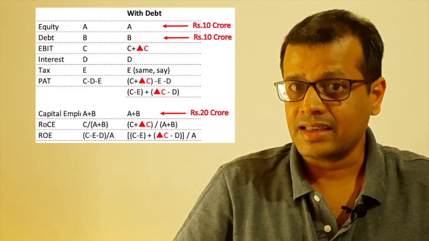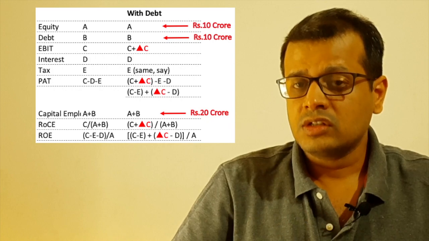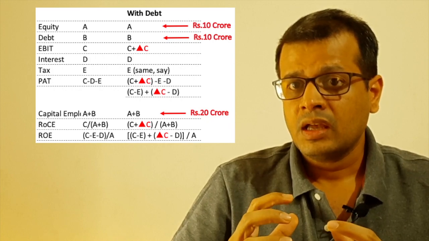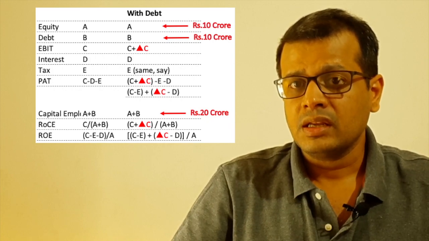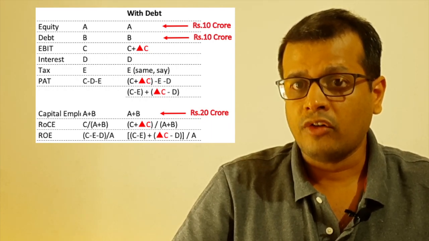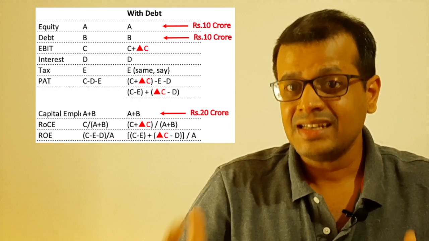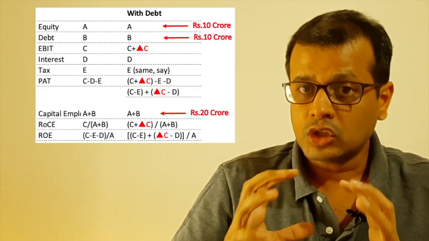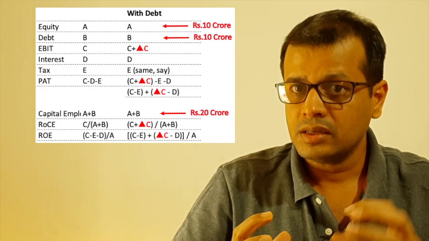So in this case, once the loan is disbursed, your company will have the total capital employed of 10 crore equity plus 10 crore loan. So the total capital employed will be 20 crores.